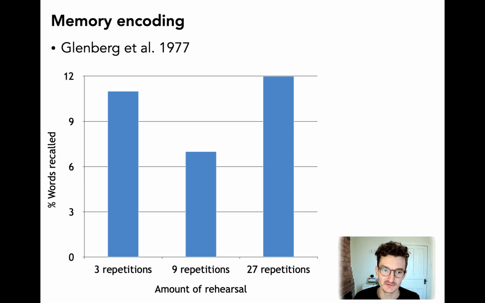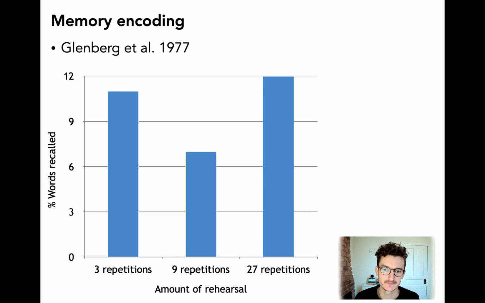On the y-axis, we have the percentage of words recalled. And the number of times they repeated that word didn't really impact their memory for the word. Their memories were, in fact, always pretty poor because they weren't really thinking about the word as they repeated it. They were thinking about that number.